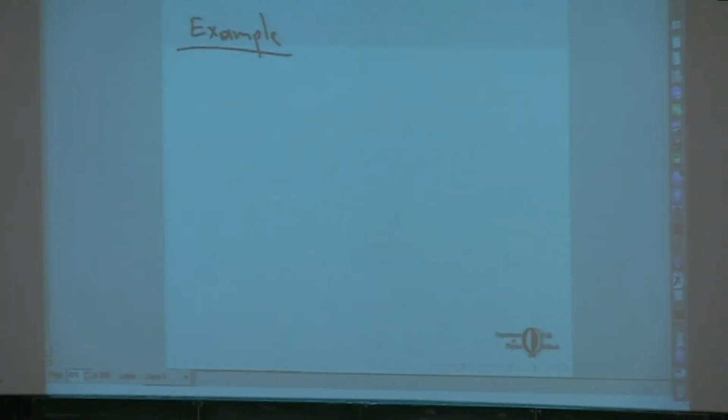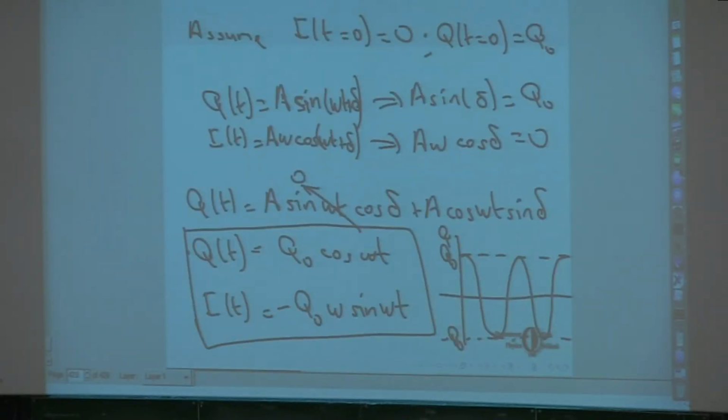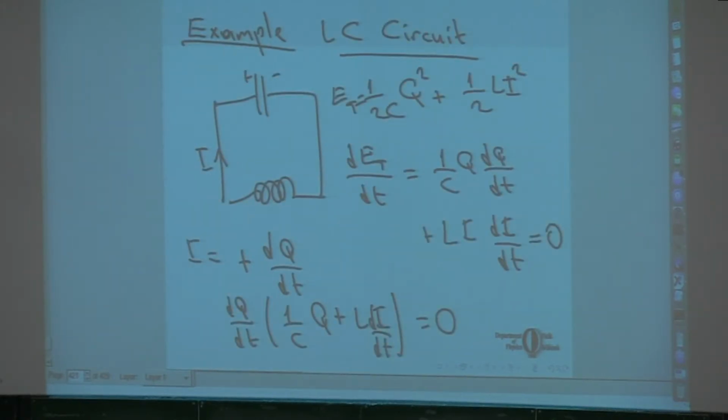Well, let's just add a resistance. The examples that we had discussed until now: we had an inductor, an RL circuit, an inductor and a resistor. We have an inductor and a capacitor. We already had studied the capacitor and the resistor.